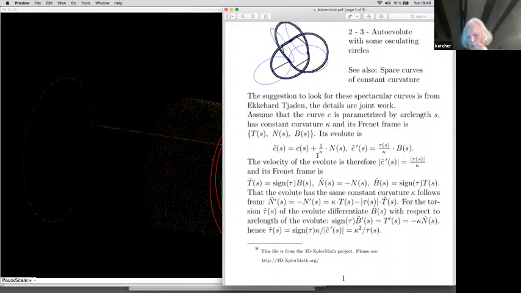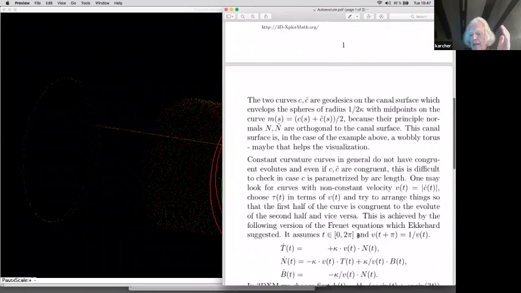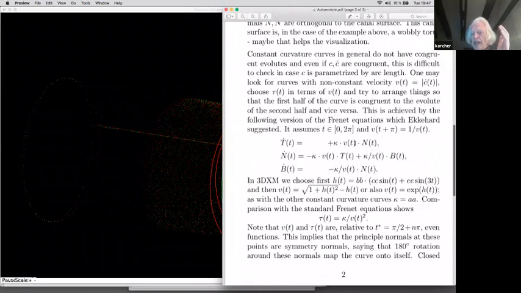First he has to compute that the evolute has the same curvature as the original curve. I said that already. And that the torsion of the evolute can be computed from the torsion of the original curve quite easily.